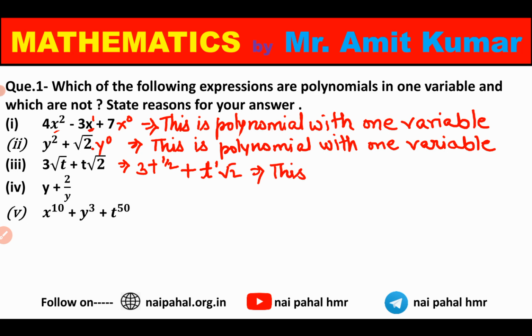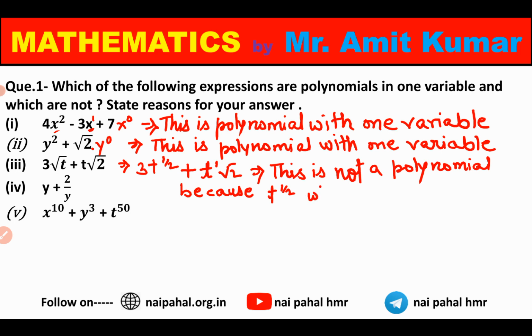This is not a polynomial because of t power 1 by 2, where 1 by 2 is not a whole number. If the exponent of a variable is not a whole number, then it is not said to be a polynomial.